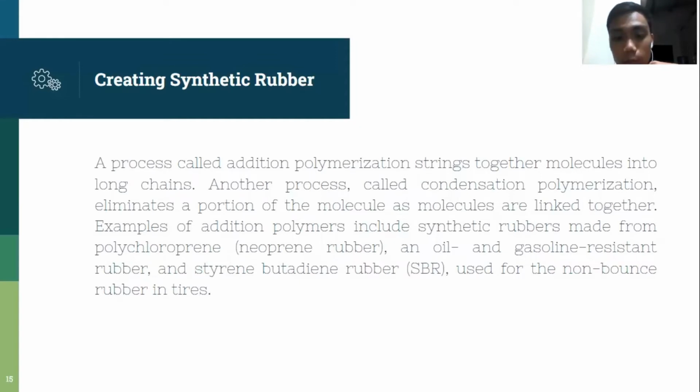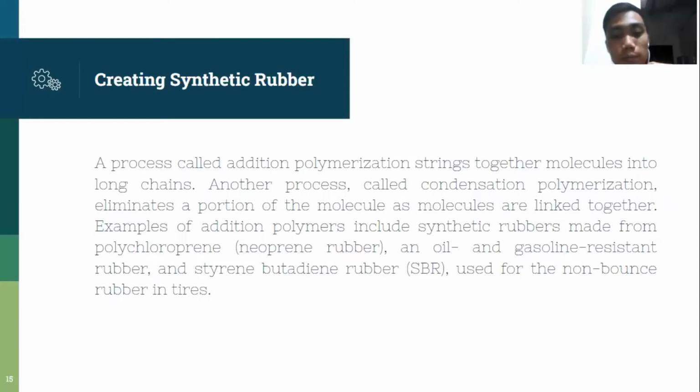Examples of polymers include synthetic rubbers made from polychloroprene, a neoprene rubber, an oil and gasoline resistant rubber, and styrene and butadiene rubber, known as SBR, used for the non-bounced rubber in tires.